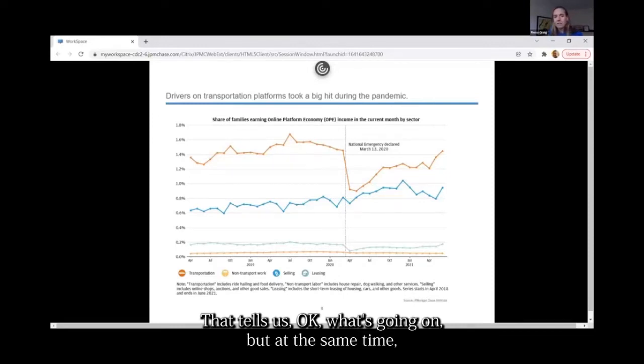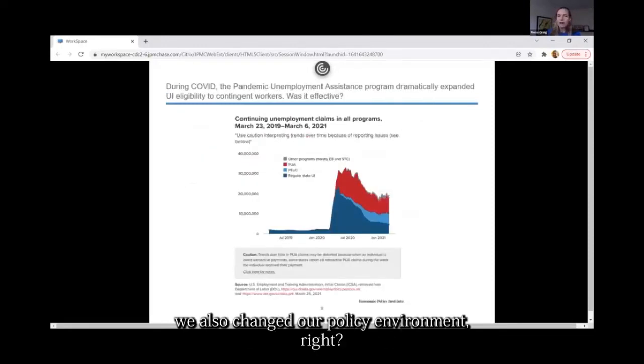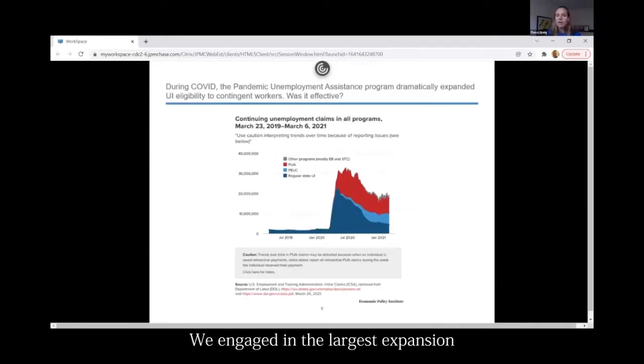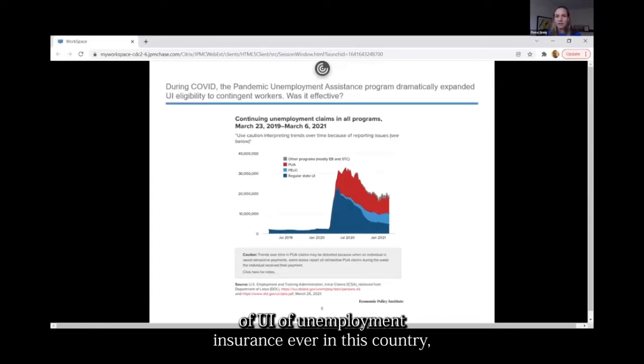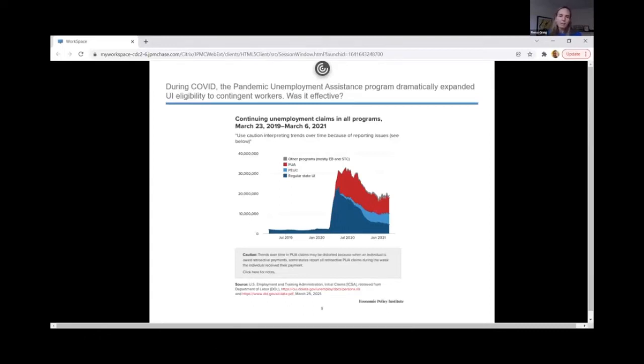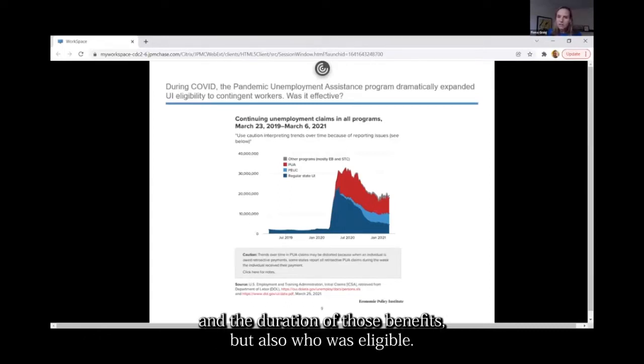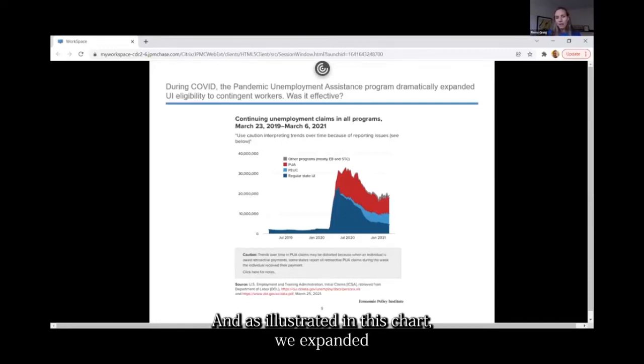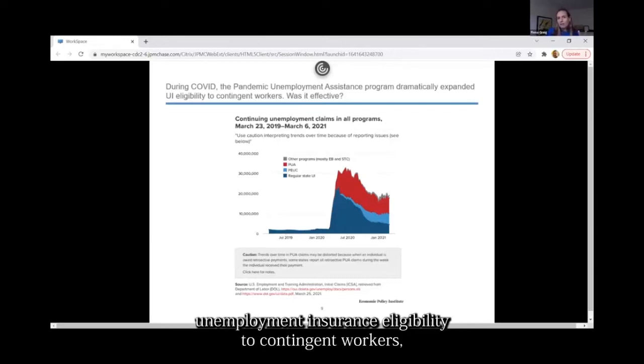But at the same time, we also changed our policy environment, right? We engaged in the largest expansion of UI, of unemployment insurance ever in this country, not just the level of benefits and the duration of those benefits, but also who was eligible. And as illustrated in this chart, we expanded unemployment insurance eligibility to contingent workers.